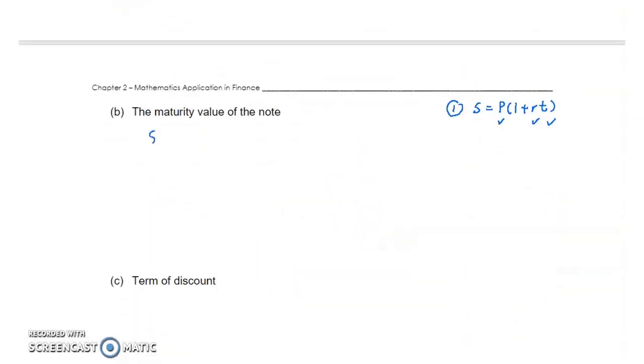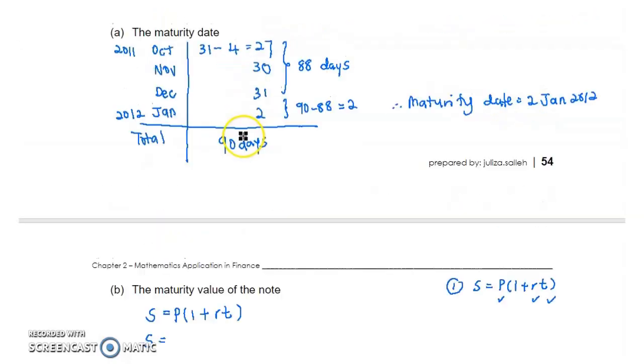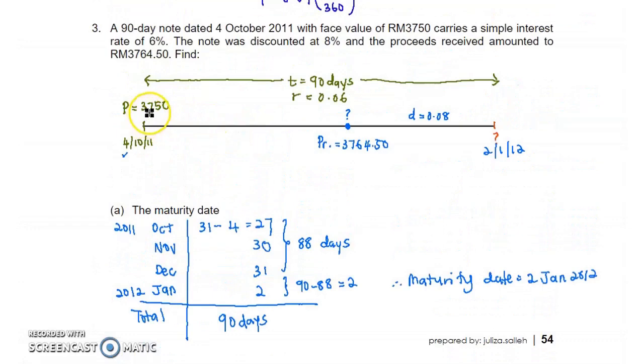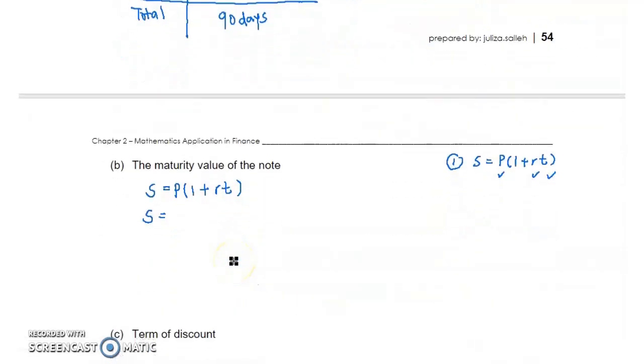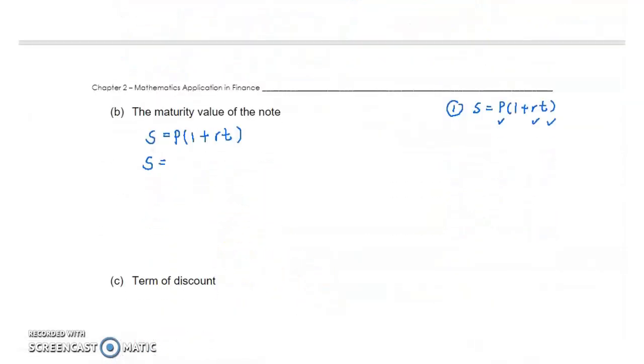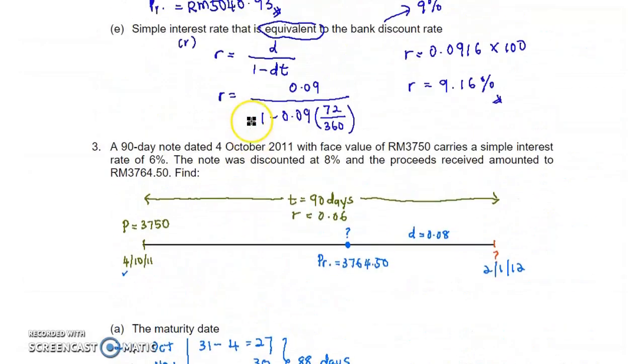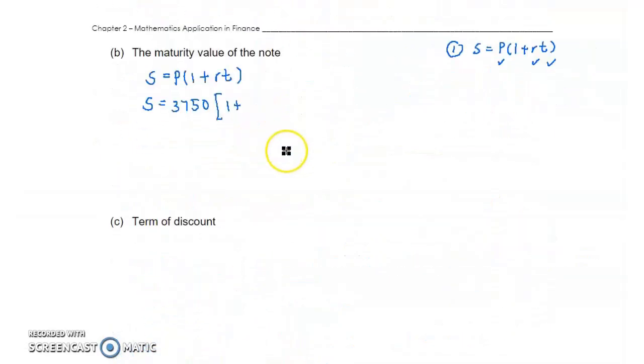So here S equal to P(1 plus RT). P just now is how many thousand? 3750. Remember RT, T must be equal to 90 days here. How many percent just now? 6%.